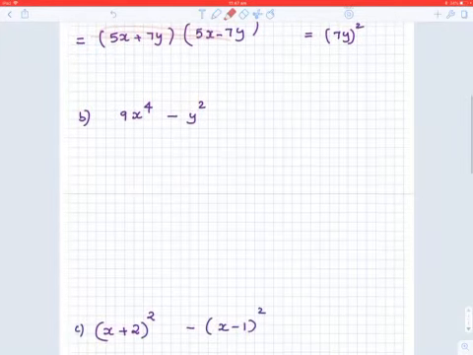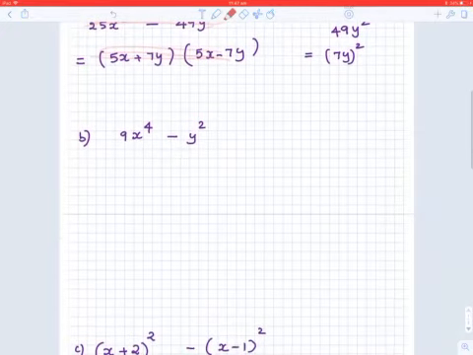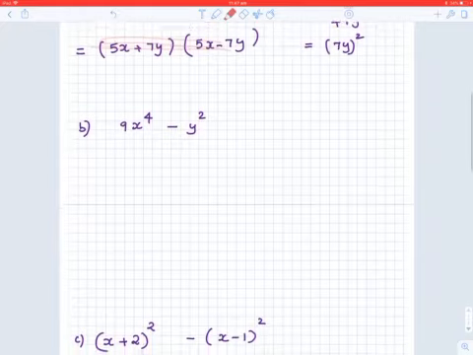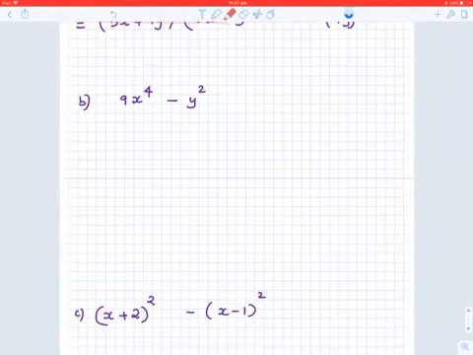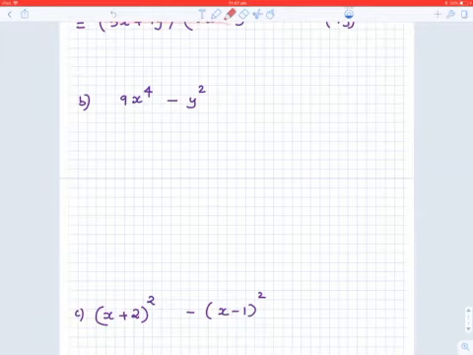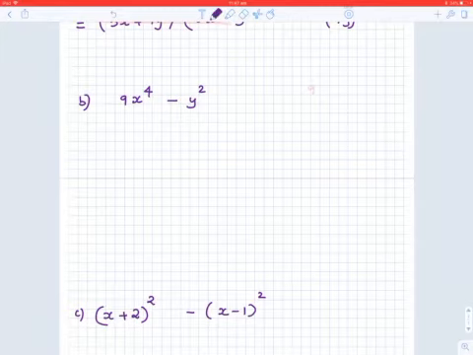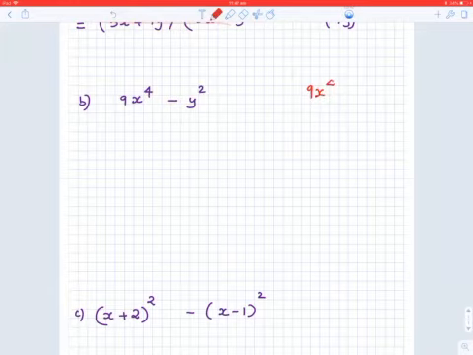Okay, we'll do another question. This is question B. We are still factorizing. There are two terms. The first term is 9x to the power 4.